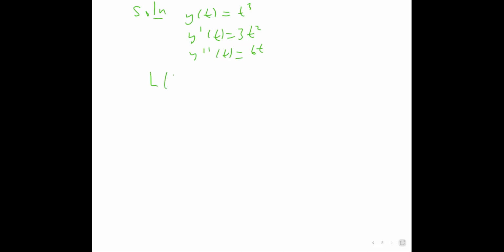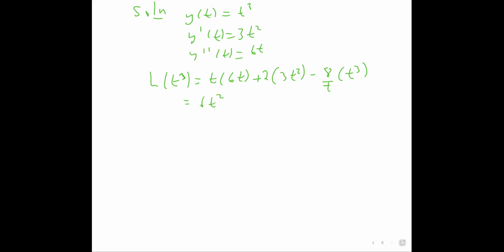So L of t cubed will now be t times 6t, plus 2 times 3t squared, minus 8 over t times t cubed.